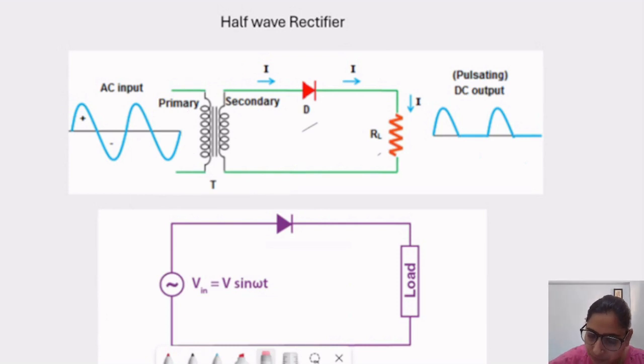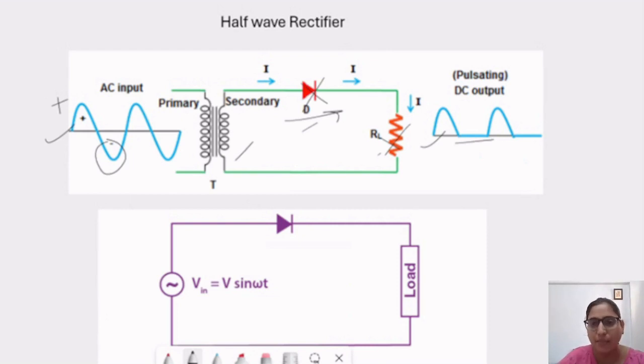Let's see. If the current is in the positive half, it means the diode is conducting and current flows towards the circuit, and we will get the output. And if the AC input is in the negative half, we have reverse polarity across the secondary coil, and the diode will work as reverse biased and no current will flow at the output.